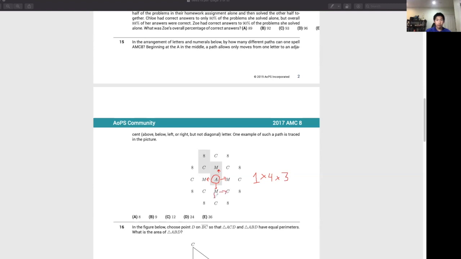Here's one example from 1 M. And then from any of these C's there are 2 choices. There are 2 8s to pick from, for example, this way or this way. And using the multiplication principle, this is equal to 24. So that's our answer.